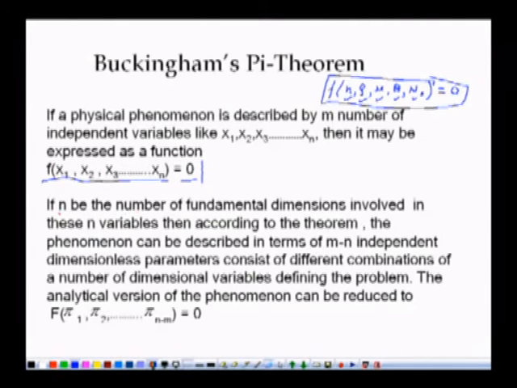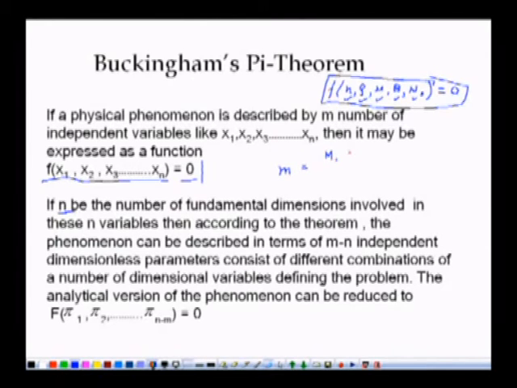Now, if these n number of variables are required to be described by m number of fundamental dimensions, m number of fundamental dimensions. What are the fundamental dimensions?